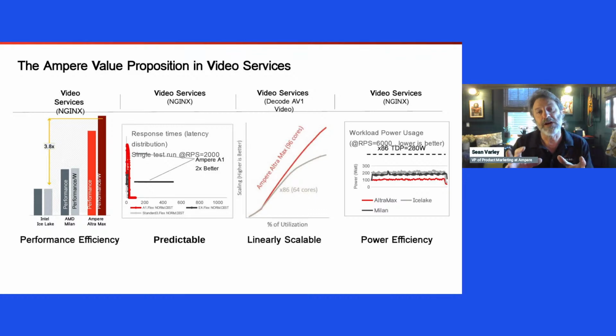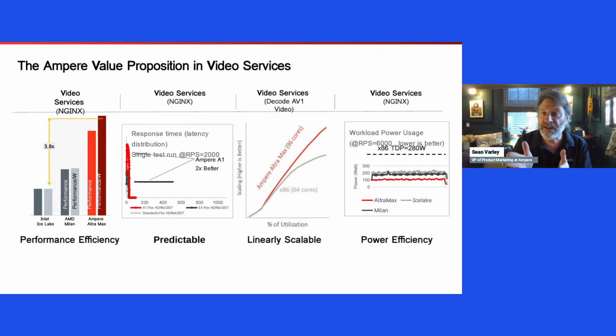But what you would see here, if it was correctly rendered, is that the distribution of latency in an Ampere server is very tight and very high in terms of a histogram. Whereas in x86, you'll see a much broader shouldered distribution of latency as measured by requests per second or request response time in an Nginx scenario.